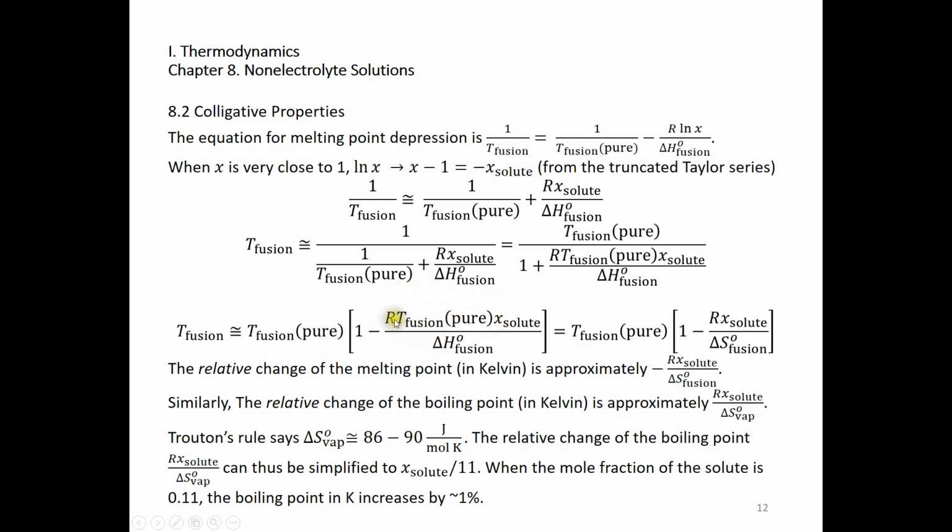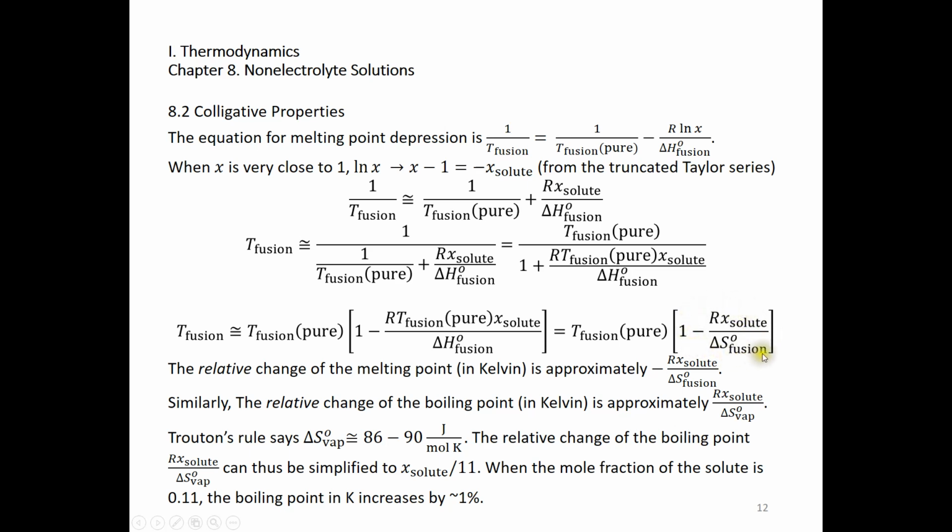And over here you have R on top, and then x of solute on top, and then you have T fusion over the enthalpy of fusion. What is that? Actually, it's entropy of fusion. So if you are given a substance, you can actually change its melting point by simply adding another chemical into this substance.